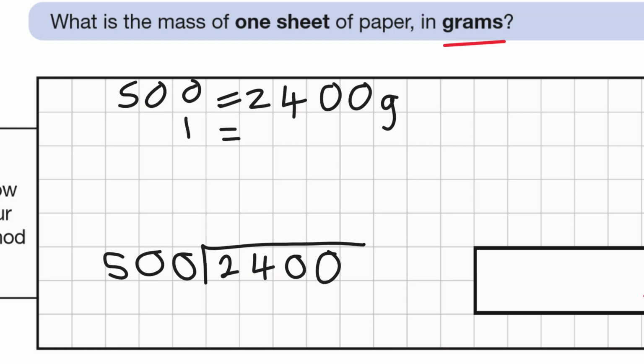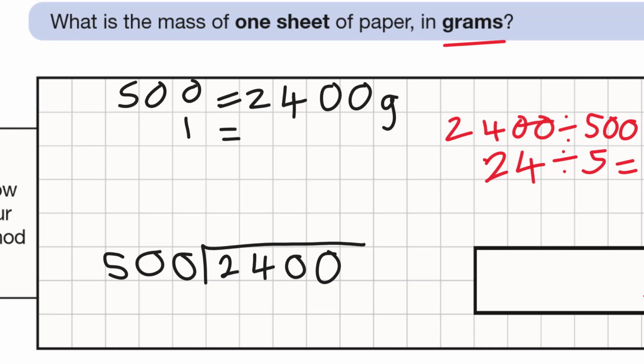So 2,400, let me write it over here, 2,400 divided by 500 is the same as 24 divided by 5.